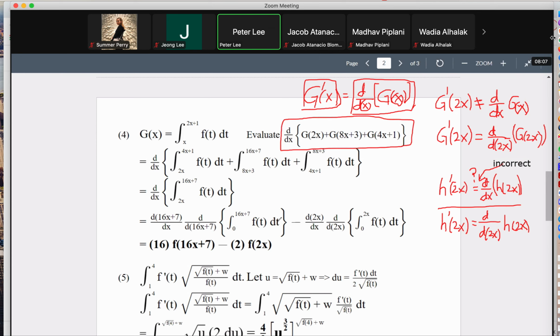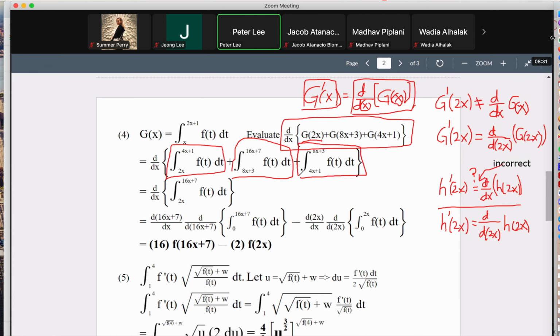Okay, so what is g of 2x? G of 2x is this guy right here. And then we have g of 8x plus 3, which is right here. And then plus g of 4x plus 1 is right here.